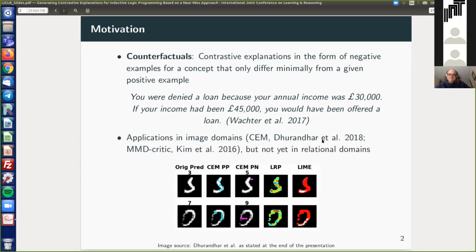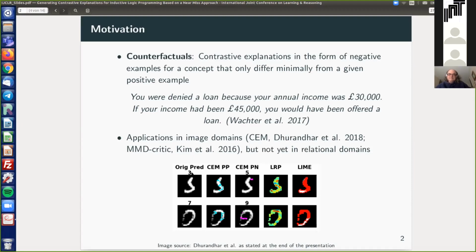Typically, where you can see counterfactuals are applications in image domains. For example, if you know the contrastive explanation method by Dhurandhar et al. 2018, you can see a picture here which I think describes it pretty well. Just imagine this is an image from the MNIST data set of handwritten digits, and the original prediction was a 3.